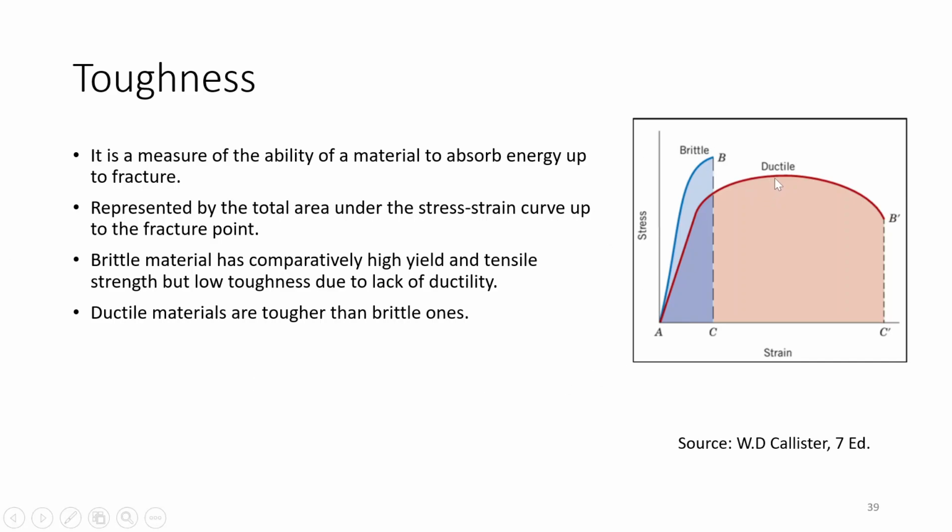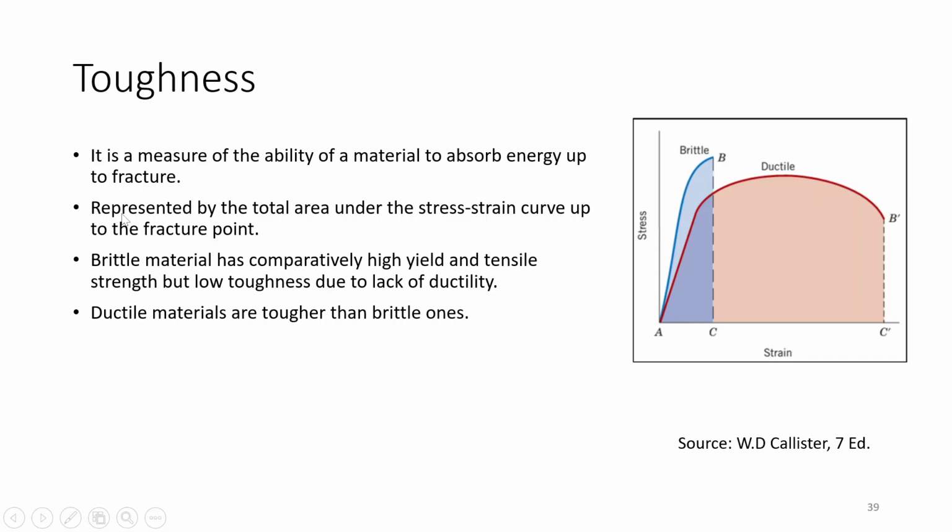Previously we only counted the area under the curve up to the yield point, but here we will be counting the area up to the fracture point. A material with higher ductility as well as high UTS, high strength, will have high toughness. If it has lower ductility and high strength, then again it will have lower toughness.